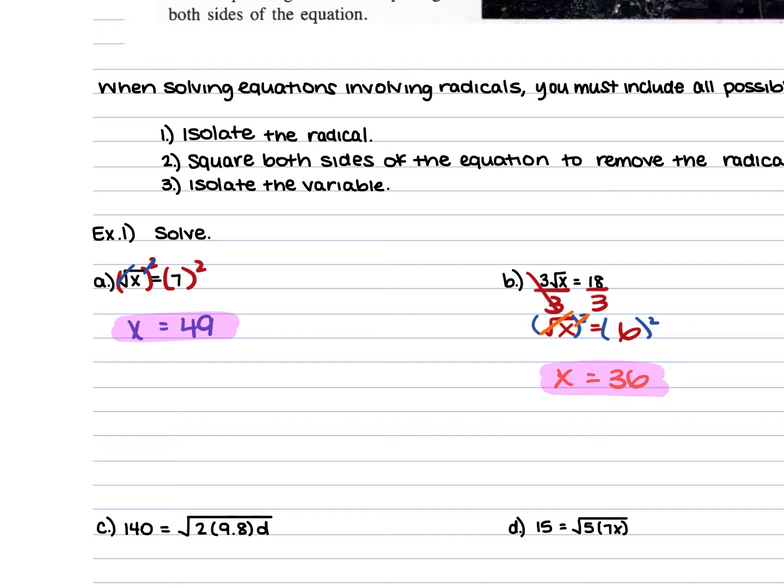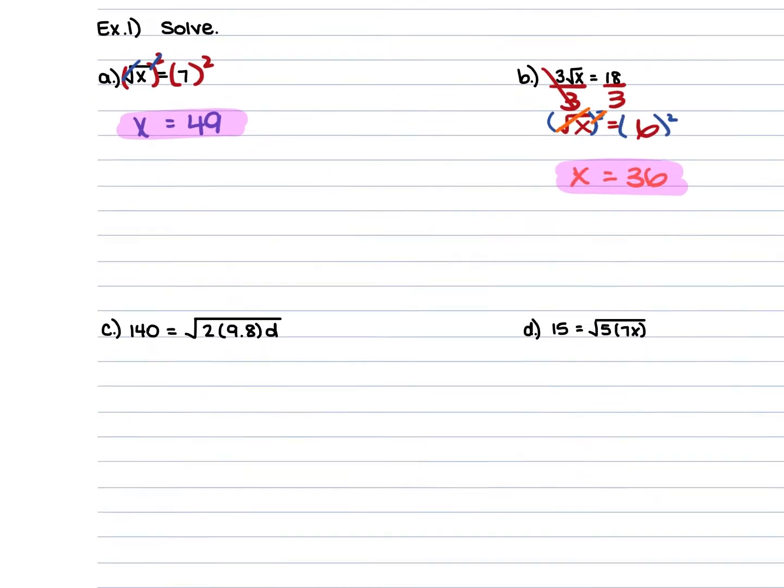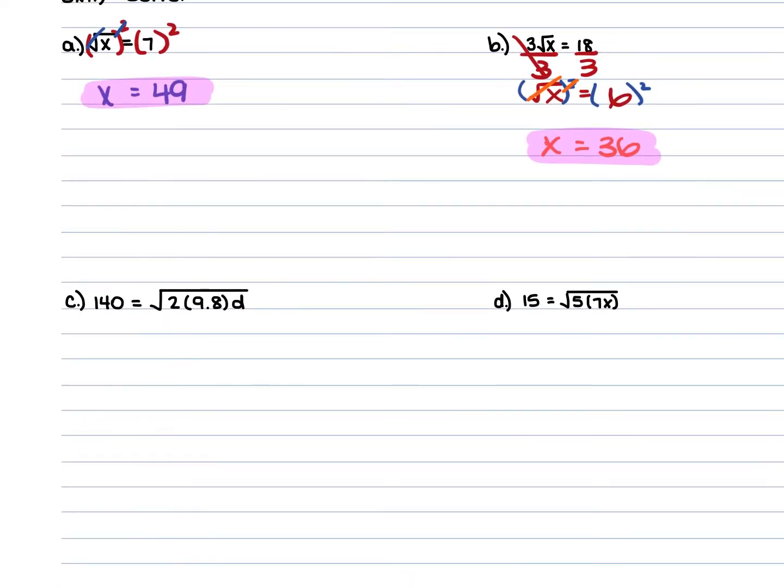Just like with any equation that we've gone over so far this year, if you plug in your answer for that variable in the very beginning of that equation and you simplify it, you should get a true statement if your answer is correct. For example C, we have 140 is equal to the square root of 2 times 9.8 times d, all under the square root. That square root is isolated.